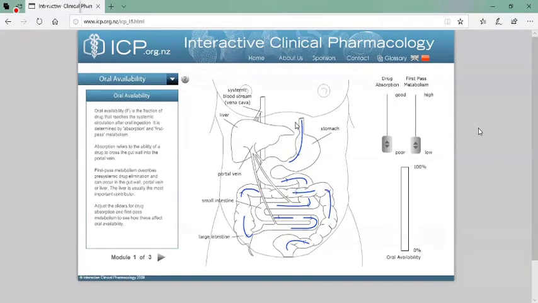Okay. So this interactive clinical pharmacology session is almost like a practical and hands-on understanding of the facts you have learned over the last 2 days regarding pharmacokinetics. During the session on pharmacokinetics, we covered 4 major steps: drug absorption, drug distribution, metabolism, and drug elimination.